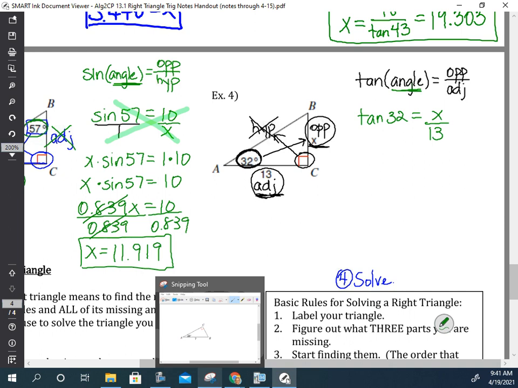Now we solve it. We put that over 1. Cross multiply. So tan 32 gets multiplied times 13. 1 gets multiplied times x.